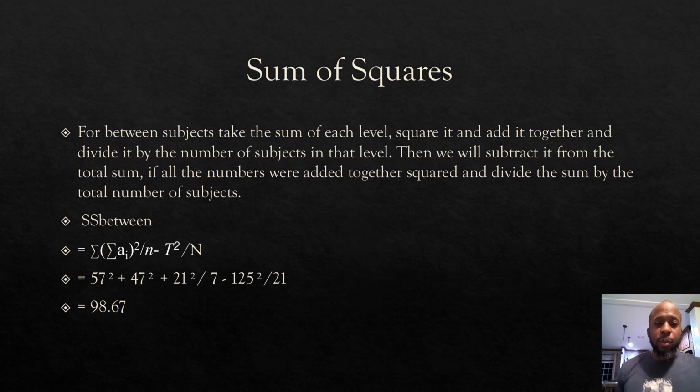Then we'll subtract it from the total sum if all the numbers were added together, squared, and divided by the total number of subjects. So you can see the equation that we have here, where we take 57 squared plus 47 squared plus 21 squared, divide that by 7, minus the total, which is 125 squared, divided by 21, and that gives us 98.67.